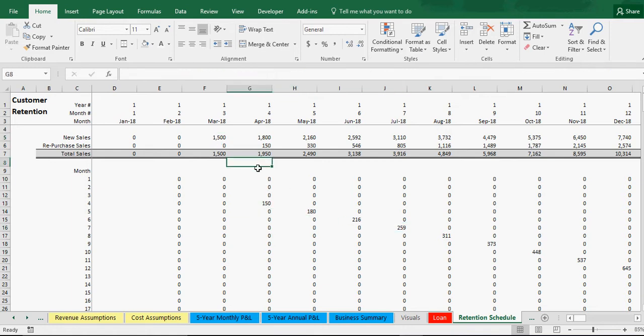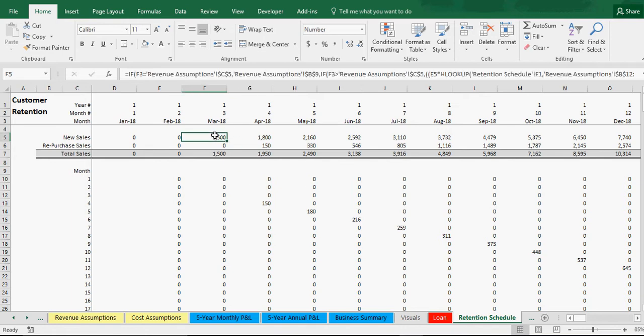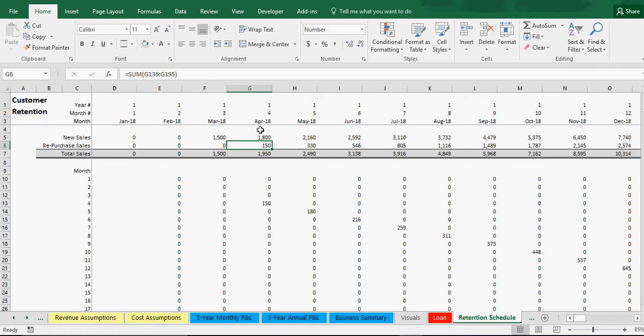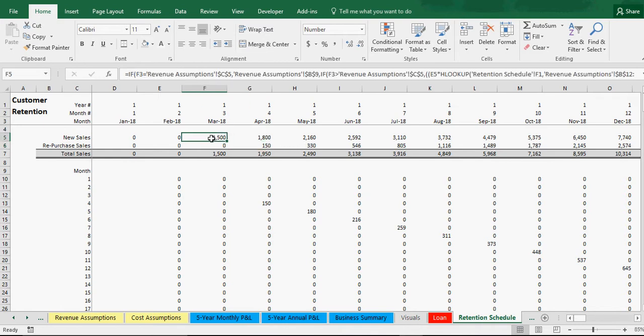This is saying, based on our scenario, we put in 10%. So the 1,500 that bought in March, 10% are going to buy again. So here's our reorders. Now here's the hard part. If you go in April, you've got another 1,800 of new sales. You repurchase. And then in May, now you've got the repurchases from the 1,800 and the 1,500.